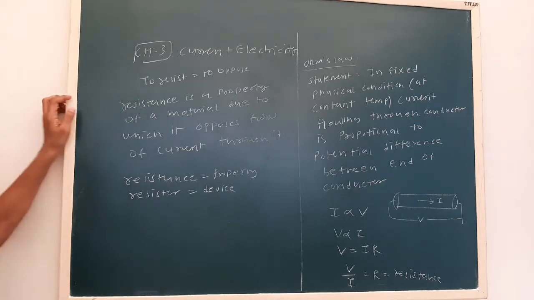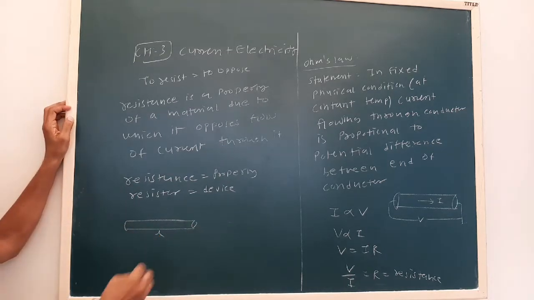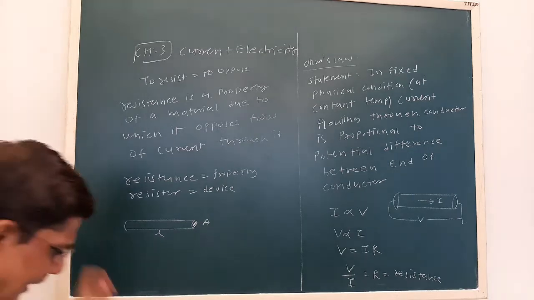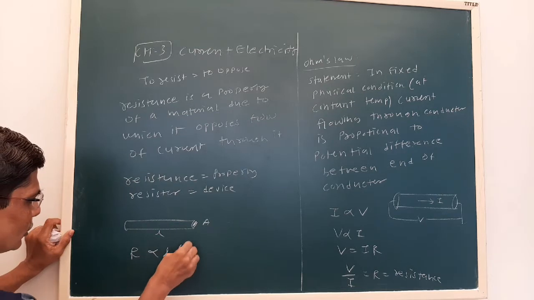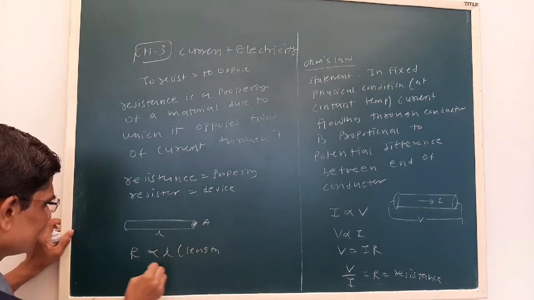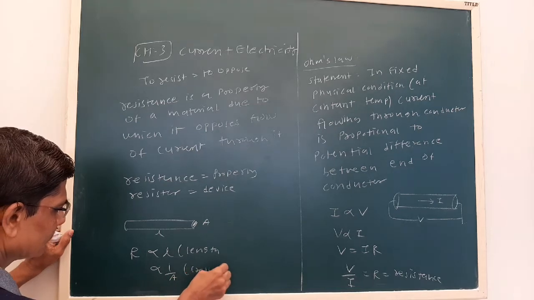Now let us say L is the length of the conductor and A is the cross section area. The experiment shows that resistance is directly proportional to length and inversely proportional to cross section area.